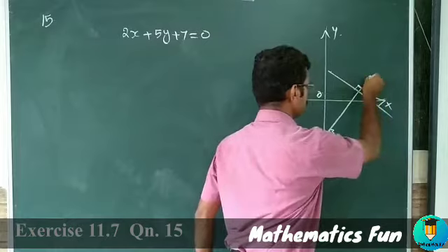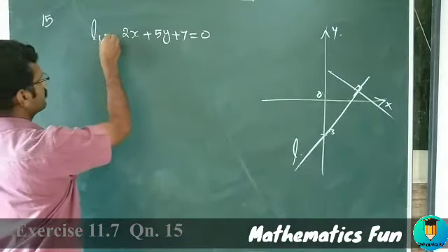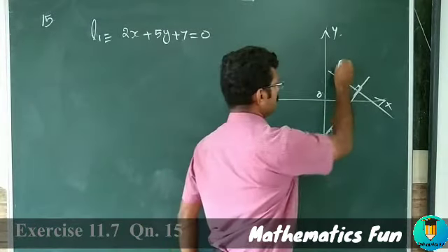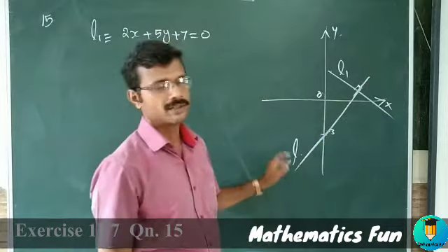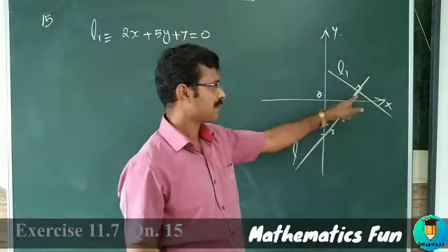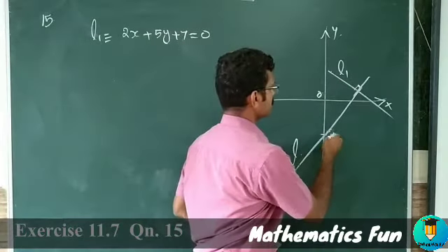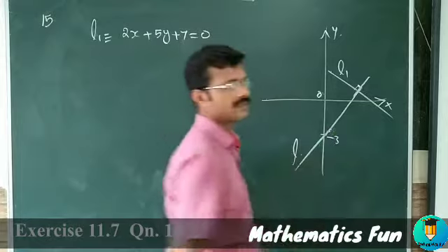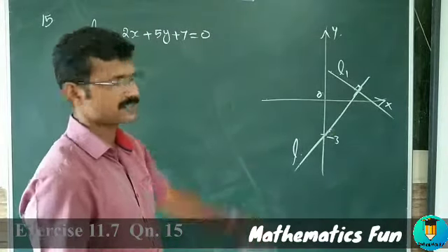This is the line L1, and we need the equation of the line L, which is perpendicular to this and whose y-intercept is -3. This is the question, so I made a rough sketch according to the question.